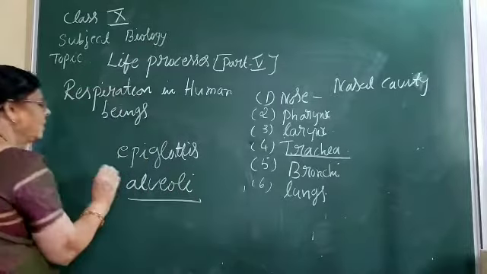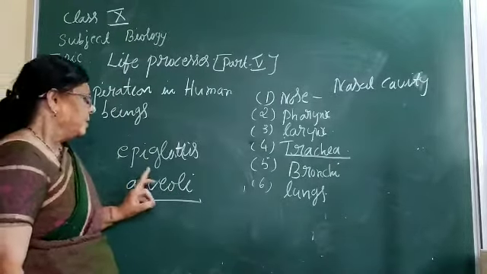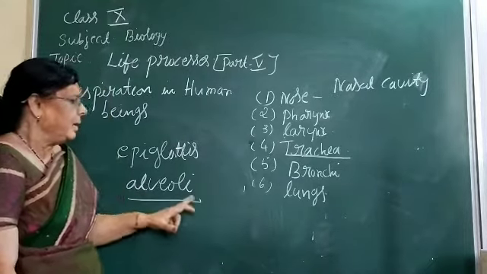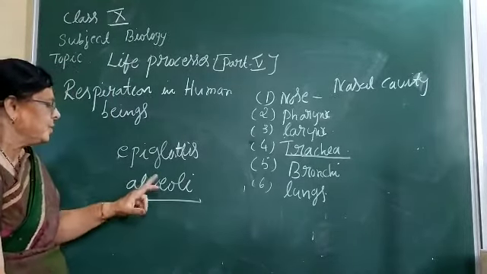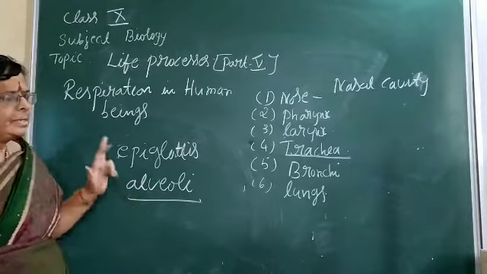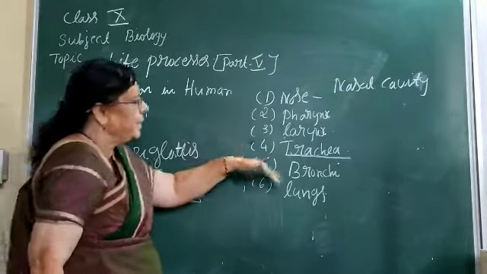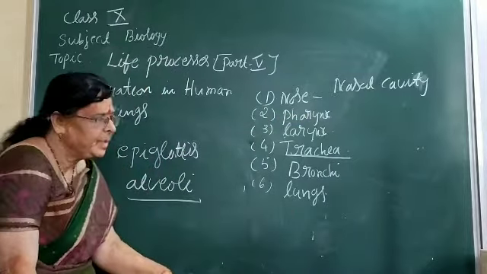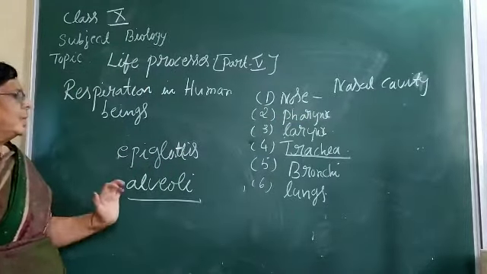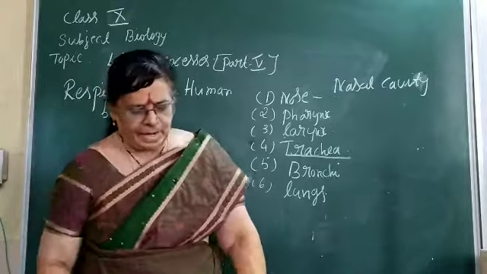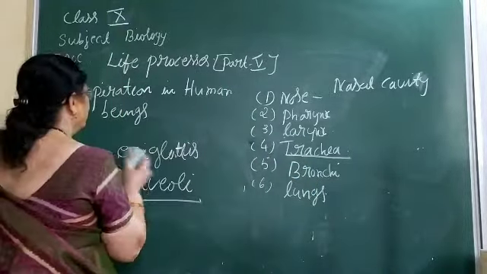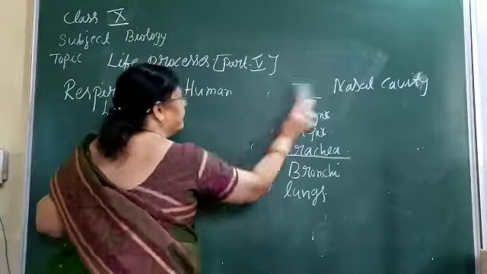We can regard the alveoli as the functional units of the respiratory system. So this is in brief about the parts of the human respiratory system. Now let us know how exactly the mechanism of respiration takes place. Mechanism of respiration.